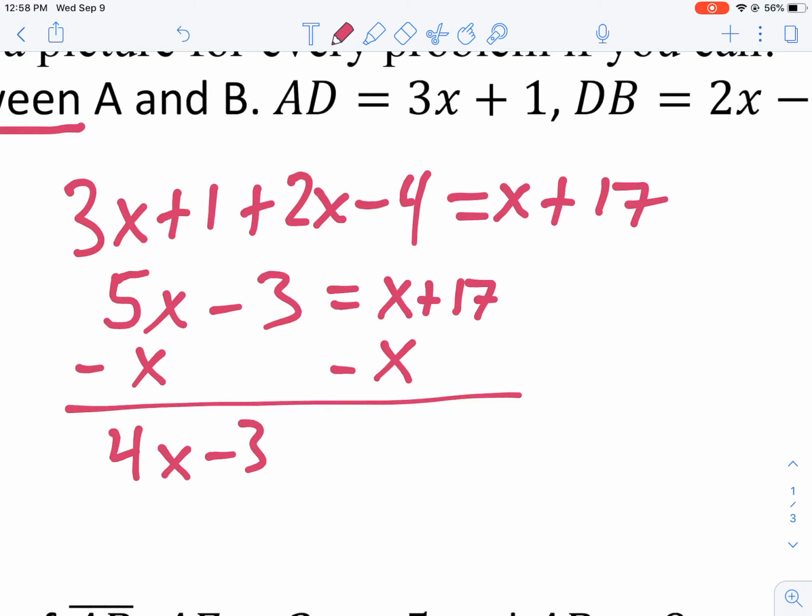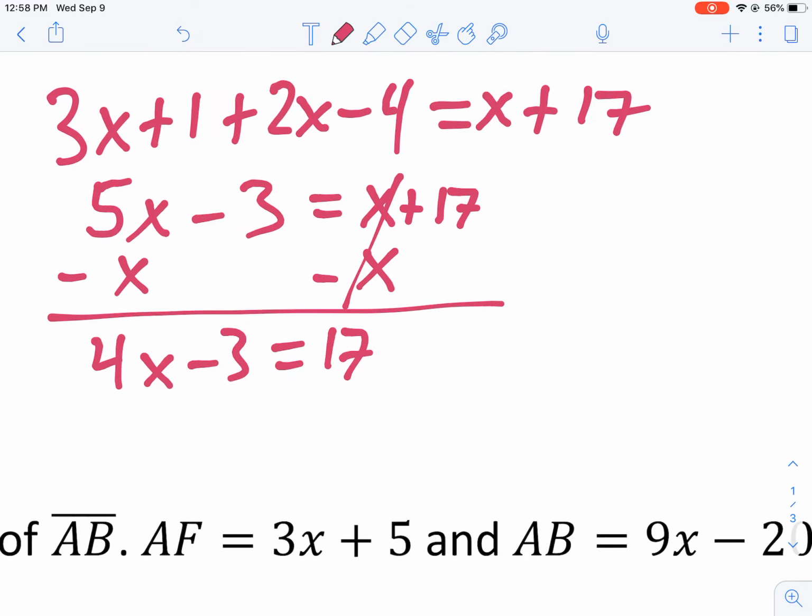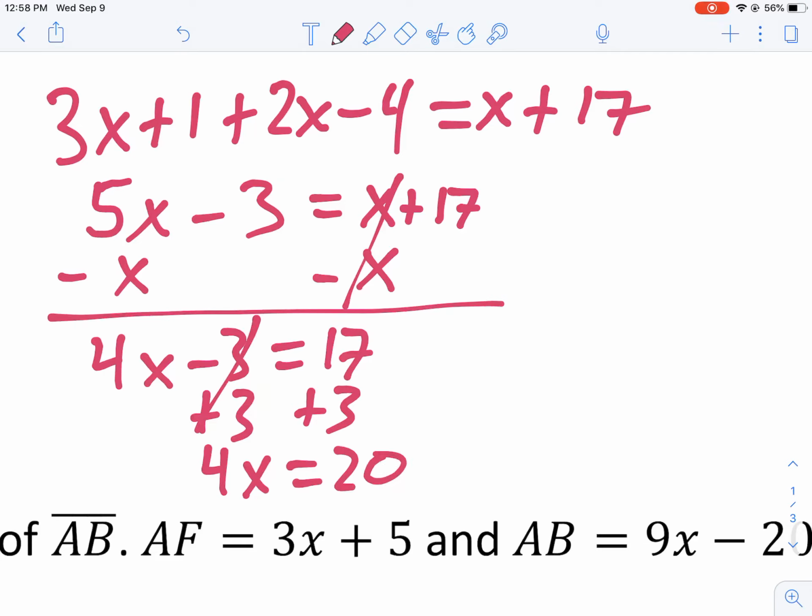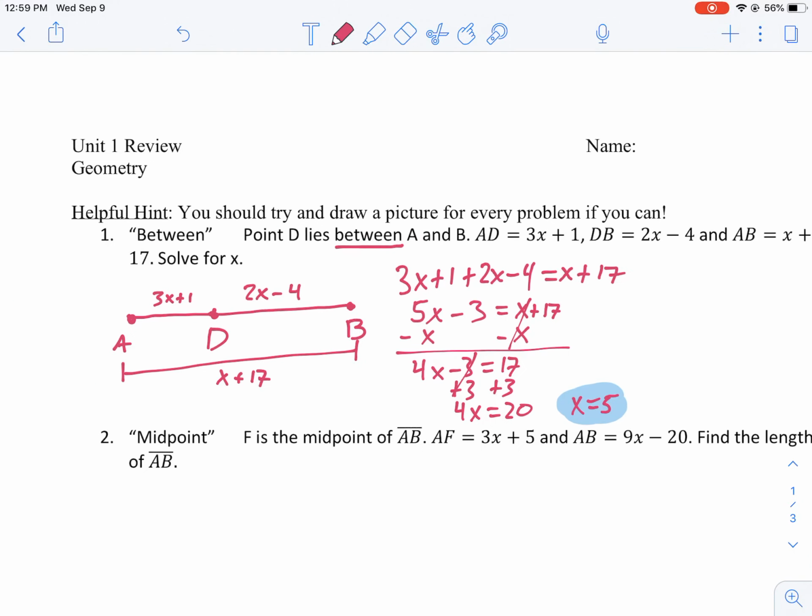So that gives me 4x minus 3. These cancel out, so it equals 17. Now I can add 3 on both sides. 4x equals 20. And then if I divide by 4, that gives me x equals 5. So our answer for this problem was x equals 5.